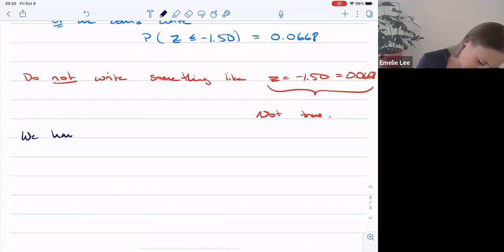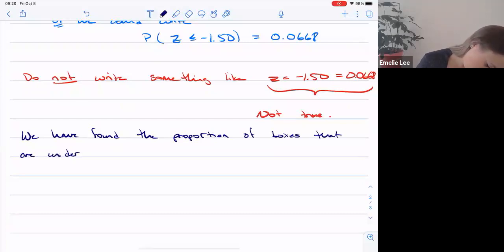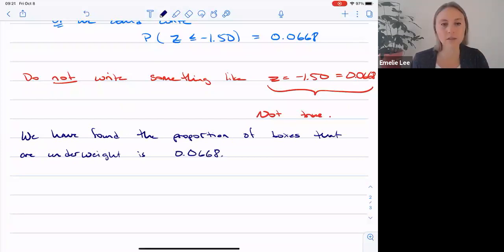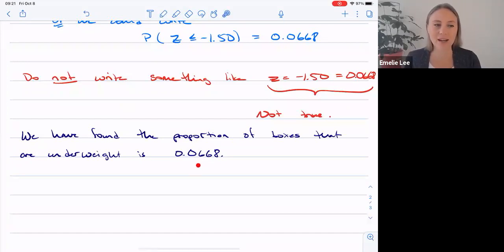We have found the proportion of boxes that are underweight is 0.0668. If it asks for a percentage, I would convert it to a percentage, but that's also the probability of having an underweight box.